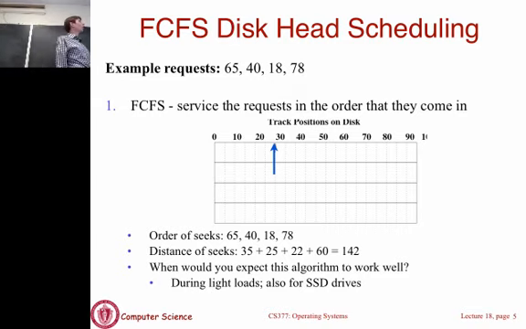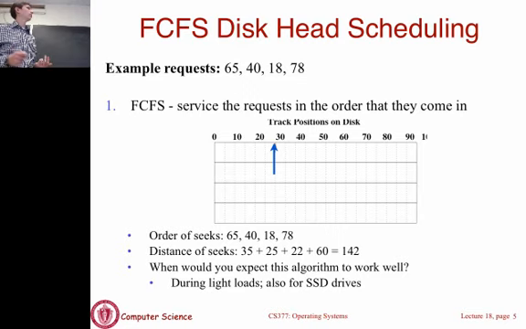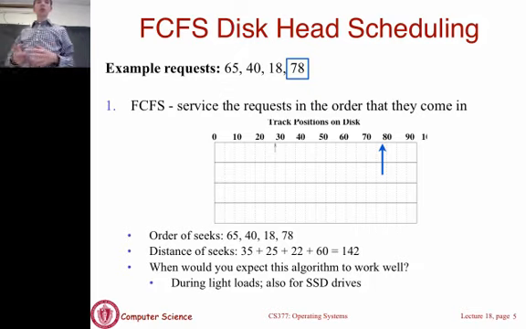So we're starting at 30, and the first request we get is 65, so the read-write head is going to move to track 65 and service that request. Then we're going to get 40, so the read-write head moves again to 40, then again to 18, and then finally to 78. So that's going to be the order of the seeks. We're essentially not doing any reordering here.